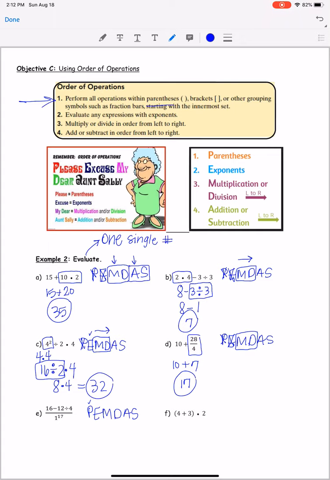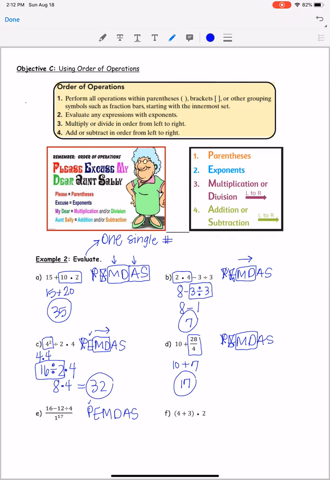It's not just parentheses, it's also brackets and other groupings such as fraction bars. So on this one, for those parentheses, we need to simplify the top of this fraction before we go down to the bottom. So on the top of the fraction, you almost have to use this just for the top portion before you can go down to the bottom.